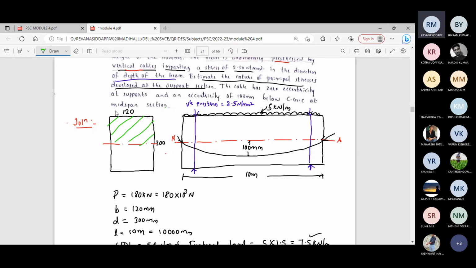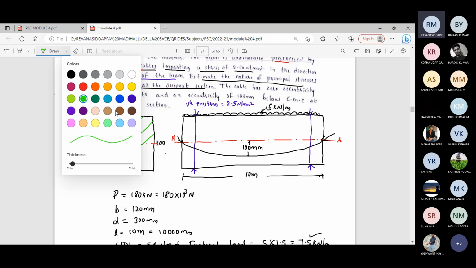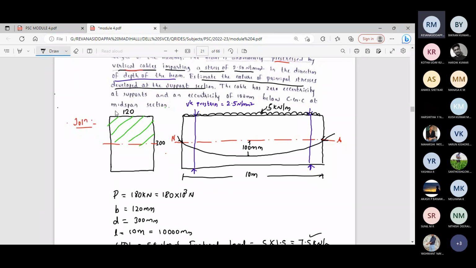Total depth is 300, half of the depth is 150 mm. The distance of the centroid of the shaded portion from the neutral axis is 150 divided by 2, which is 75 mm. This is the value of Y bar.